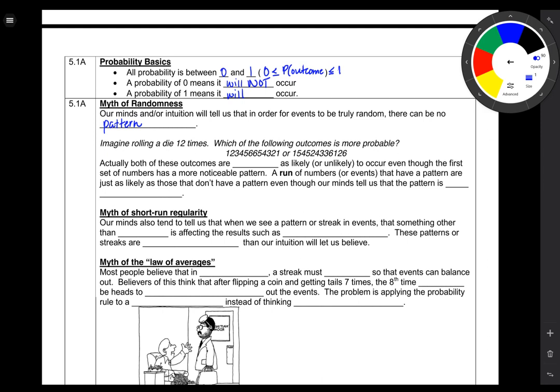Actually, both of these outcomes are equally as likely or unlikely to occur, even though the first set of numbers has a more noticeable pattern. A run of numbers or events that have a pattern are just as likely as those that don't have a pattern, even though our minds tell us that the pattern is not truly random.